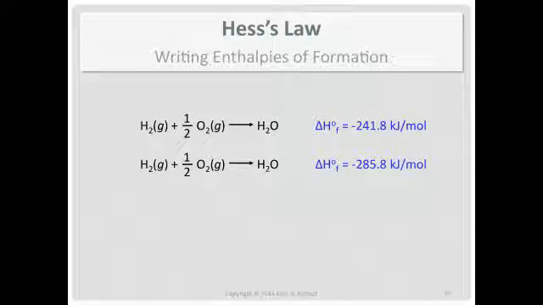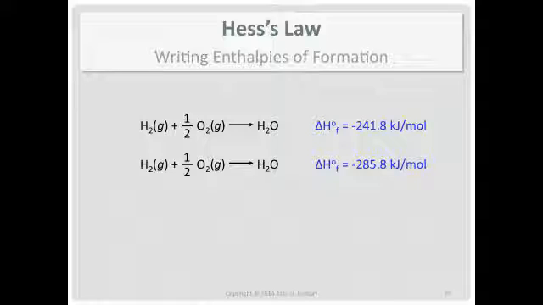I will comment on looking up states. As I mentioned earlier, you're not expected to know what the state is supposed to be for a product. It will be whatever it's given. But the states are important when you write this out. Here I have 2 of them, hydrogen gas, oxygen gas making water, and I didn't put a state on either of the waters, but notice on the right-hand side, I have 2 different standard enthalpies of formation.